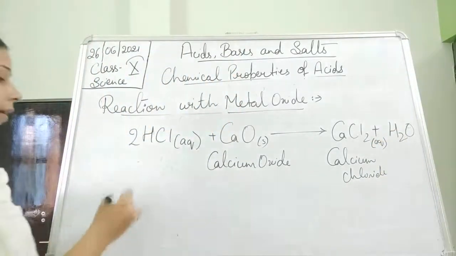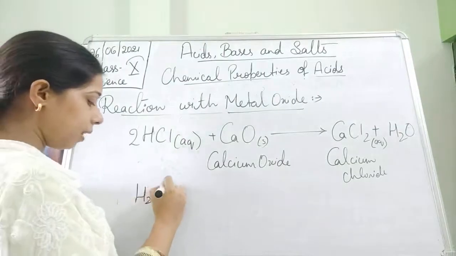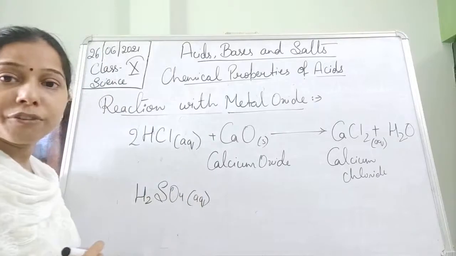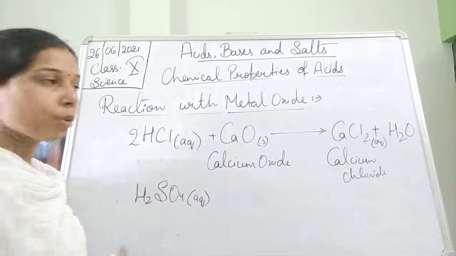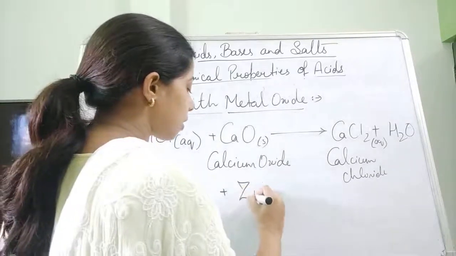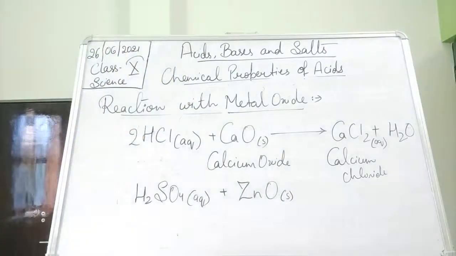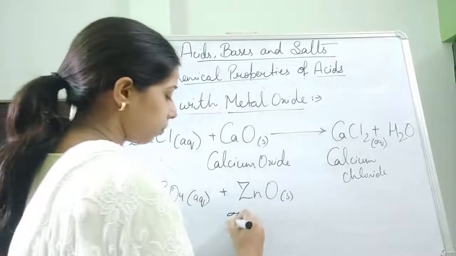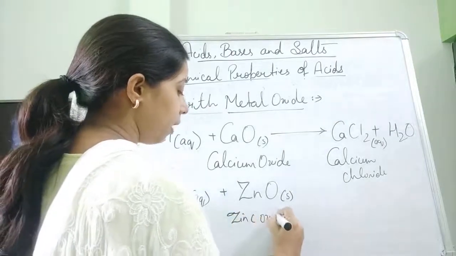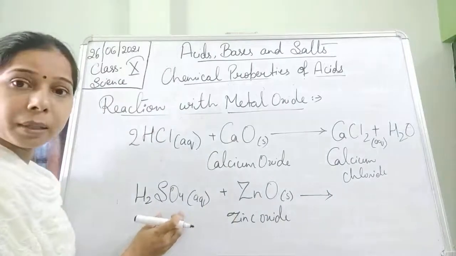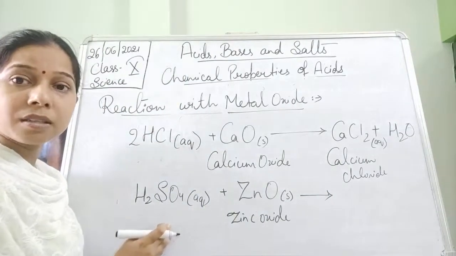Another example, now we will change the acid and we will take here sulfuric acid. Aqueous sulfuric acid. When this sulfuric acid reacts with zinc oxide, ZnO, then there is a formation where this Zn and this sulfate combine together and form zinc sulfate.